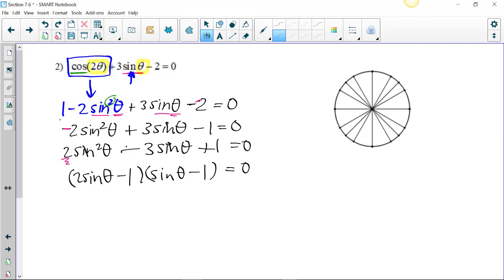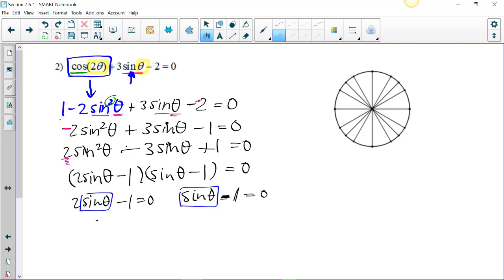Once I get it factored, I notice now that these are linear factors. I set each linear factor equal to 0, and I'm solving 2 linear equations, linear trig equations, which we've had a lot of practice. Isolate the trig function in each situation and then figure out the appropriate angle.